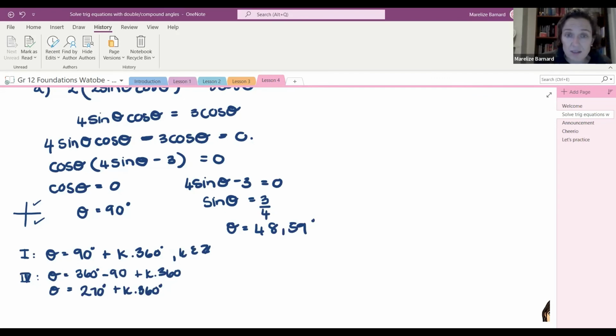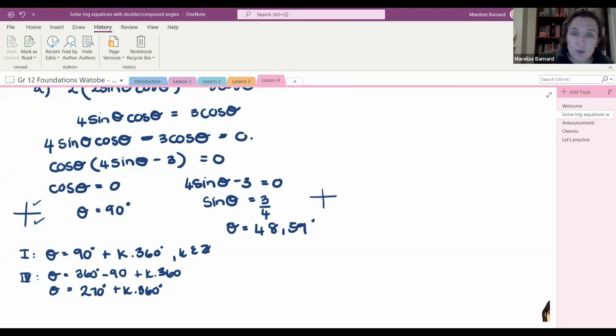Now we do sine theta equals 3/4. General solution is always in your paper, and it's normally with graphs, and it can count up to 7 marks. So if you practice these lots, then you can score quite a few marks.